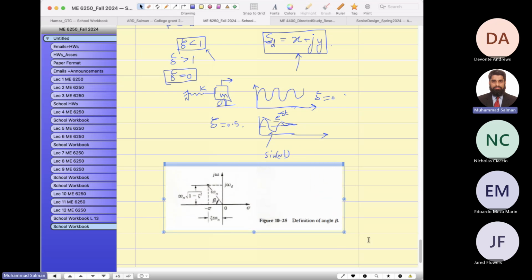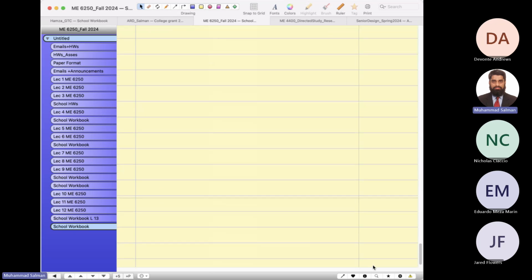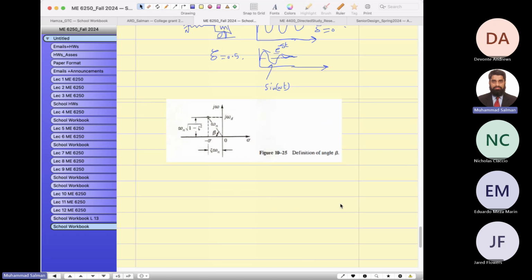So this figure will explain that if the root is lying on the Laplace plane somewhere here, and you want to find out that location, you can imagine in terms of angle beta equals 60 degrees.